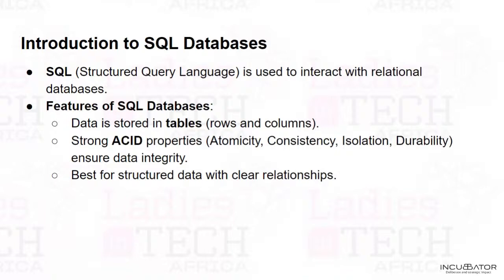So when I say atomicity, you know that when you want to register on Facebook, if you notice very well, the first thing you do is they ask for your email, your password, and probably not more than about four things.